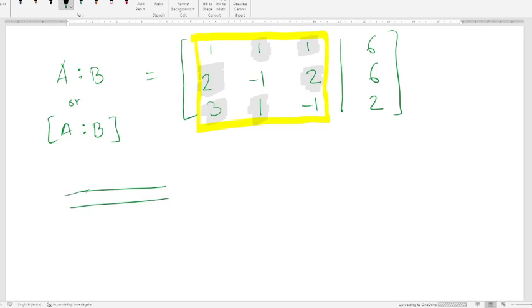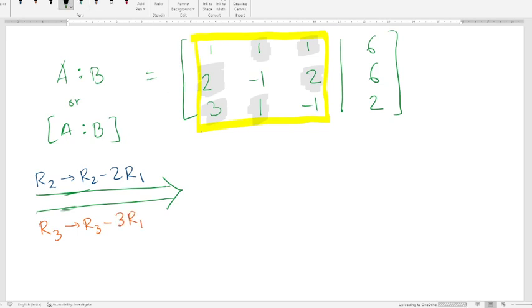We are now experts in elementary row transformations, so let's try to do two row transformations together, right? The first row transformation that I would want to implement is with the blue pen, that is R2 becomes R2 minus 2R1, and the second one is R3 minus 3R1.